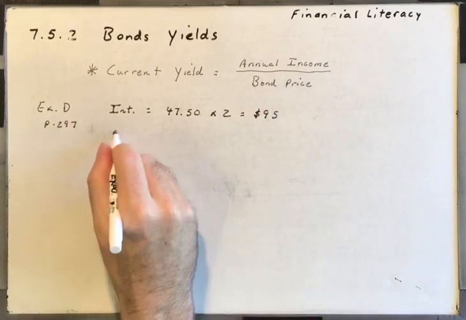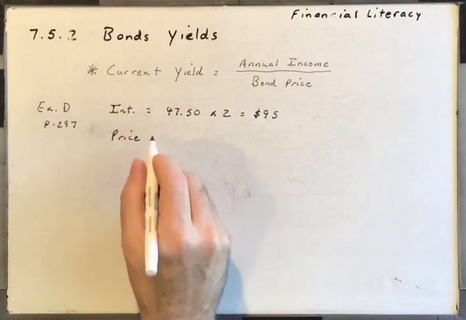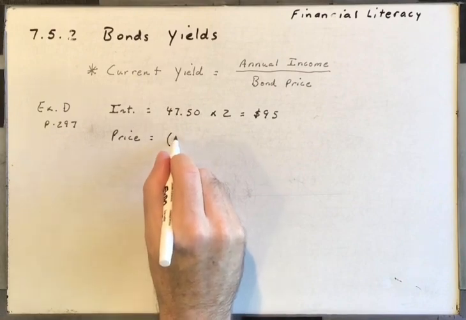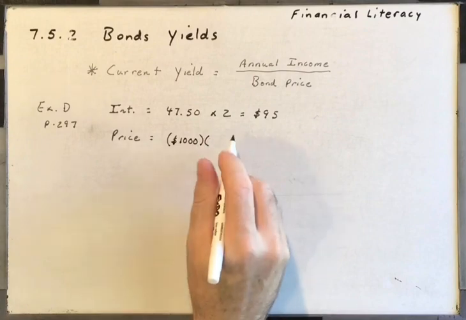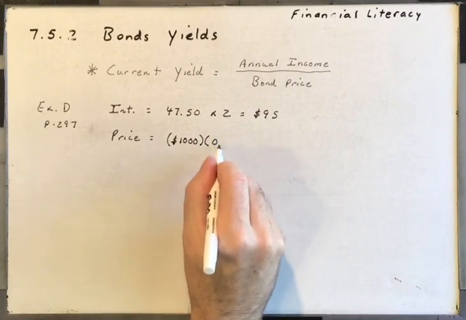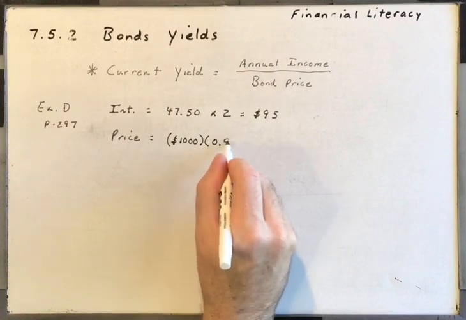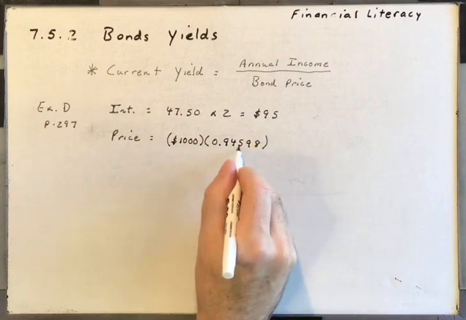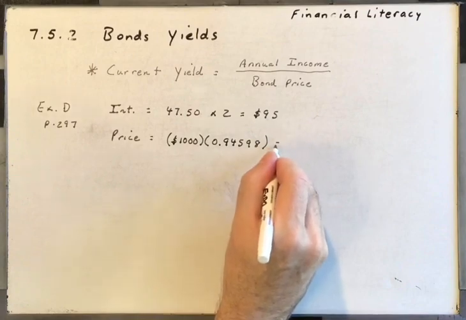The price of the bond, we didn't have to do PRT because they gave us what the interest was, is going to be 1,000 times that number that we have to convert to a decimal, 0.94598. In the problem it says 94.598. That's a percent. Convert, move it to the left.